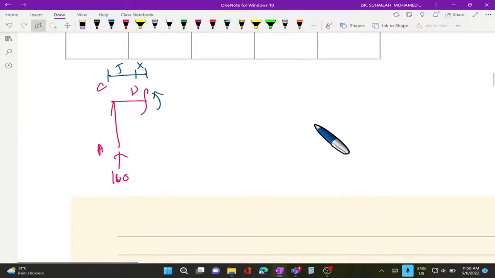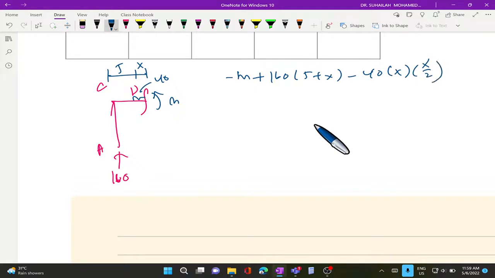So we get negative M plus 160 times 5 plus 160 times X minus UDL, this one is 40, times X over 2, equal to 0.